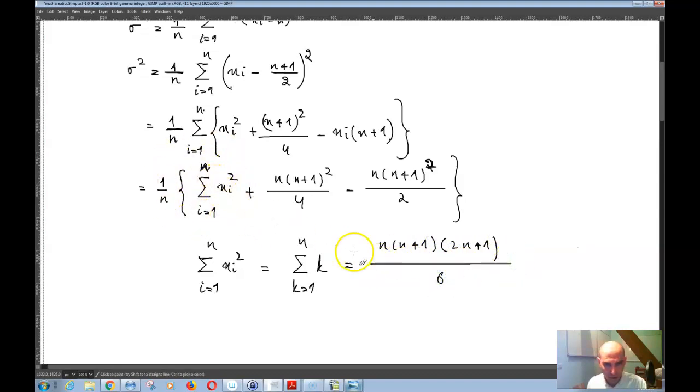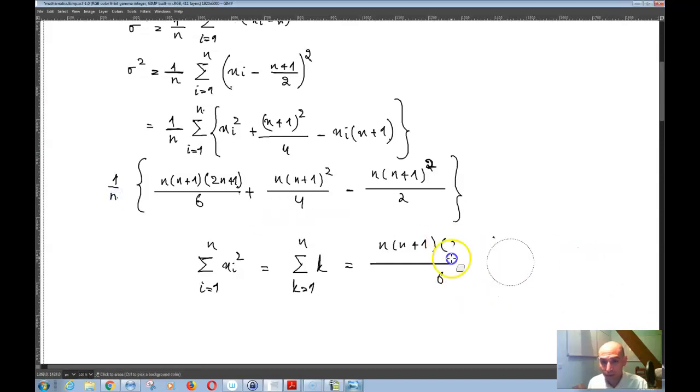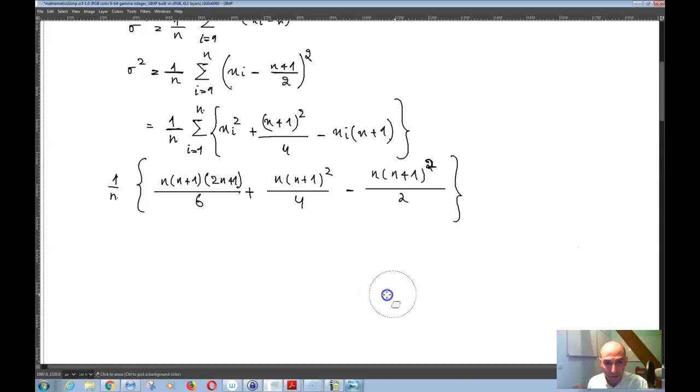So this part I can write as this thing over here. There is a 1 by n multiplied by the whole thing. So that is now basically everything put together.